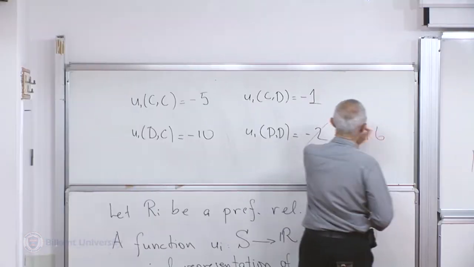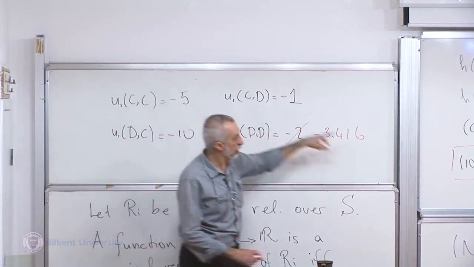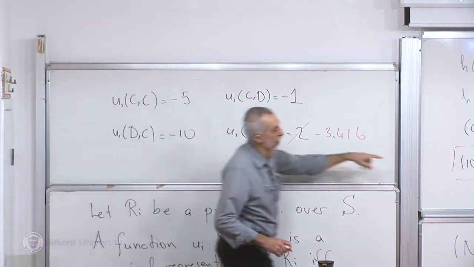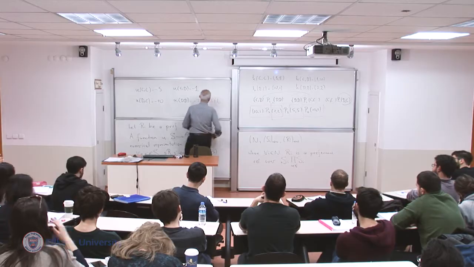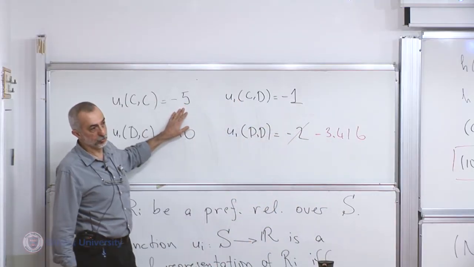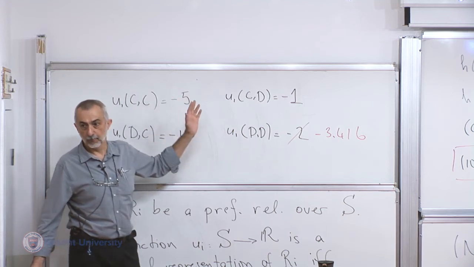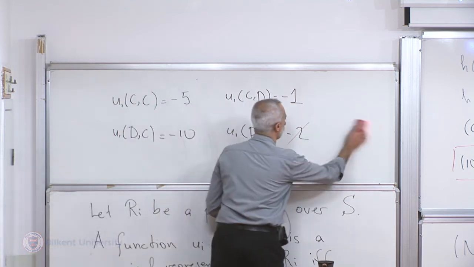So what I put in here should be less than CD because it's worse than CD, and bigger than minus 5 because it's preferred to CC. So any number between minus 1 and minus 5 would do the job. So far, so good? Any questions? Okay.